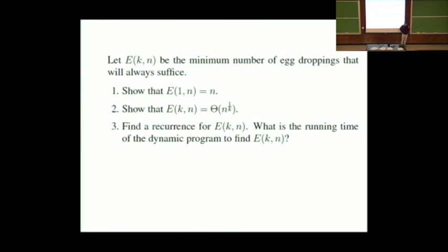Now, what values do I want to fill in? Okay? It would be great if 1, 2. One other case, this is a case here where we have 2 eggs and 1 floor. Yeah?